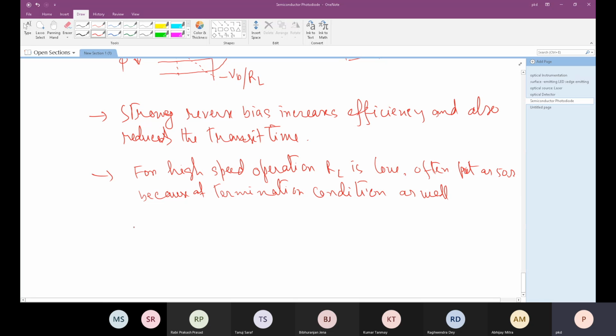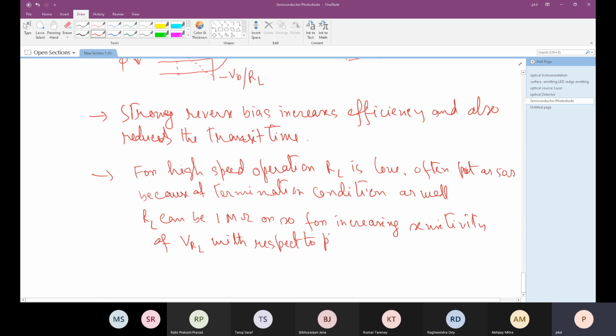For high sensitivity operation, RL can be as high as 1 megohm or so, for increasing sensitivity of VRL with respect to photon flux phi.